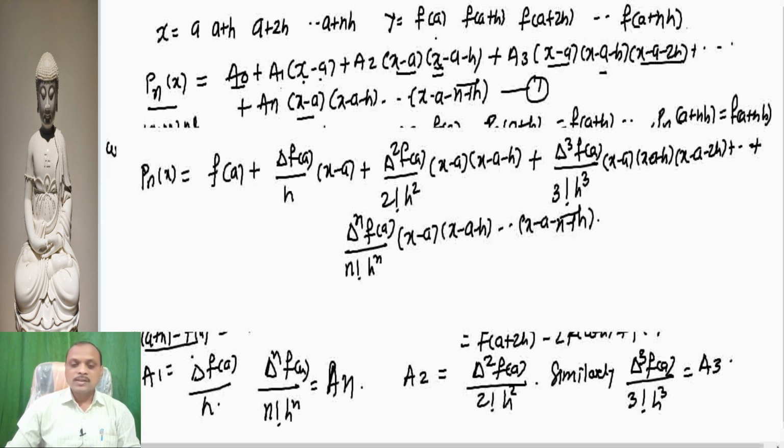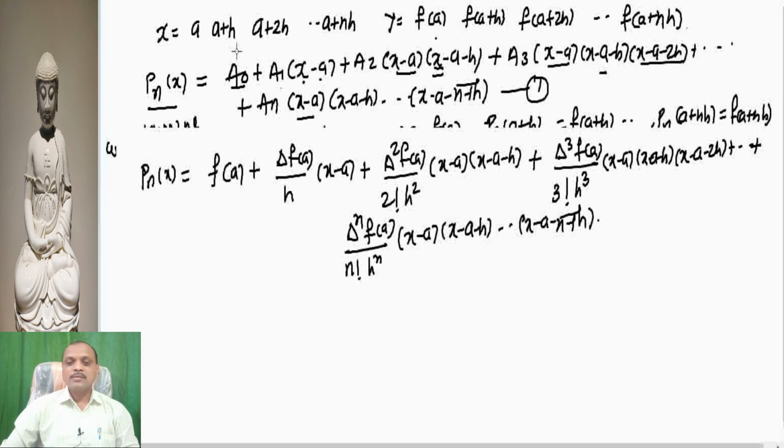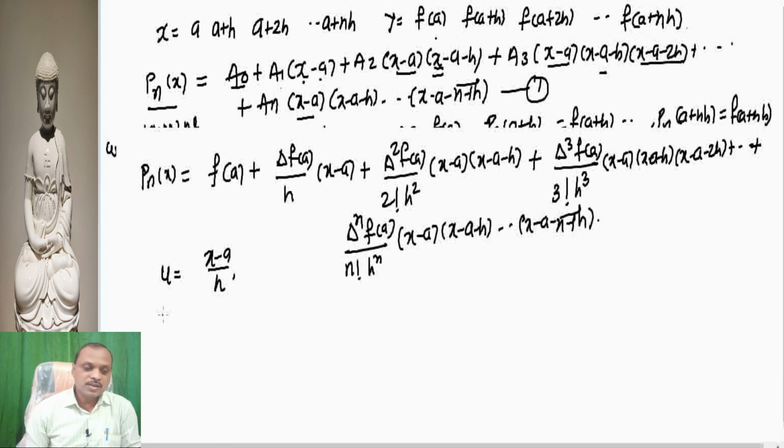So this is Pn of x, and this is called the Newton-Gregory forward difference formula. Now for simplicity we put u equal to x minus a divided by h, or x equal to a plus u into h.